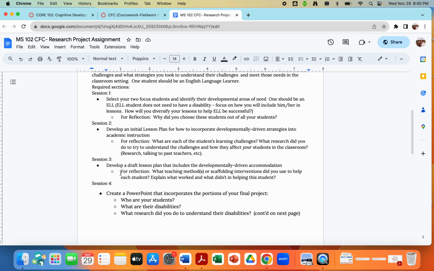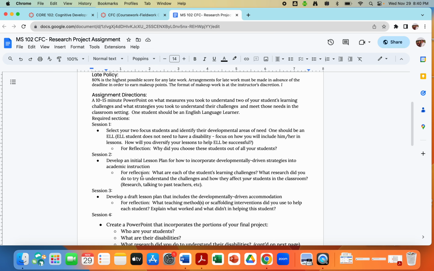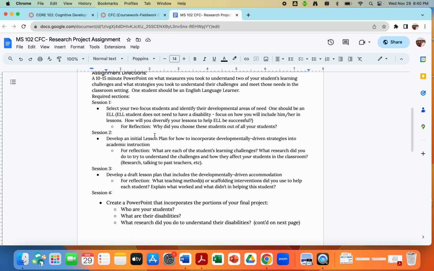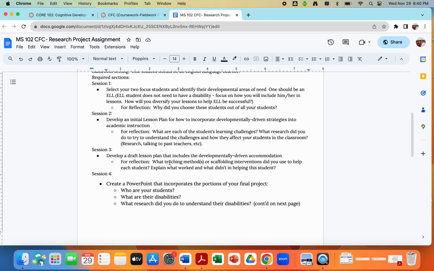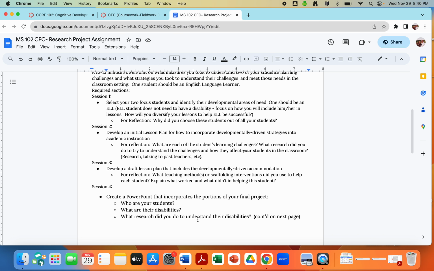A slide that develops a draft lesson plan, and an initial lesson plan. This is going to be one and the same for a final lesson plan. And then you're going to have some slides discussing disabilities and whatnot. This is the rough idea of what we're looking at. It's going to be a 10 to 15 minute presentation and should have this information in it.